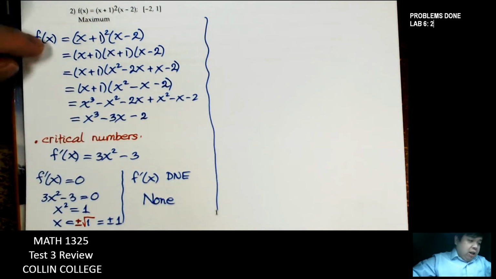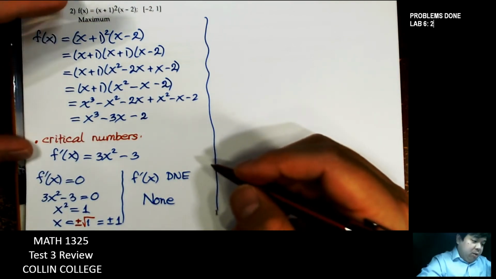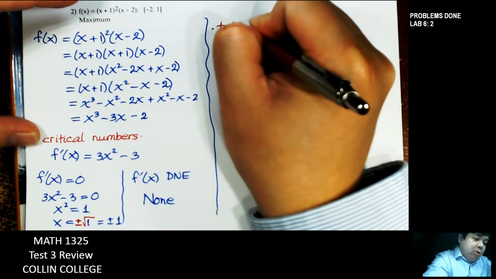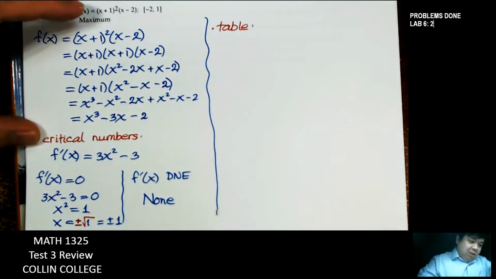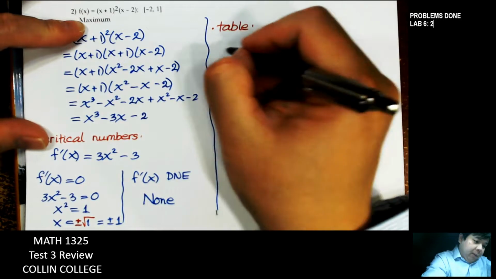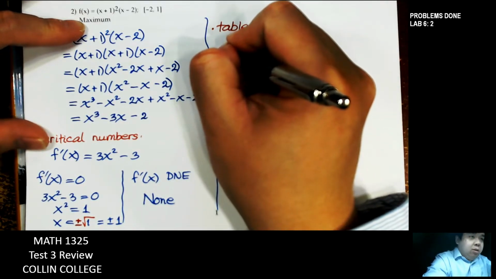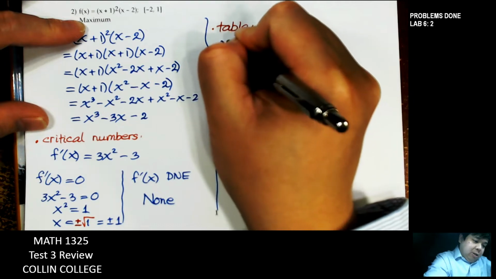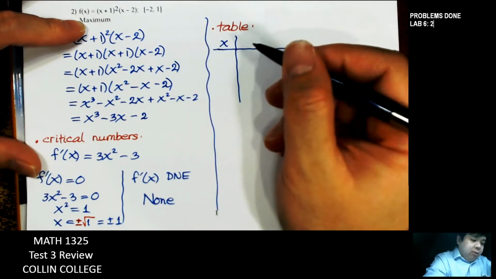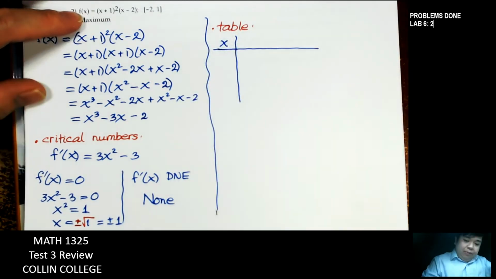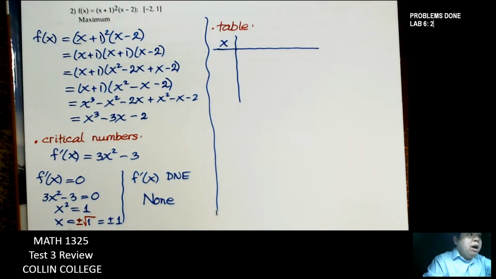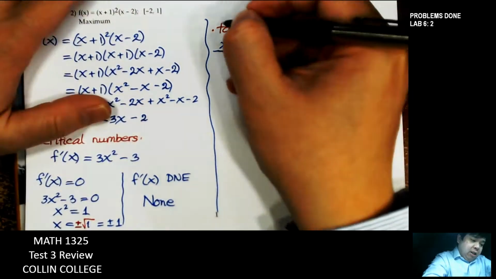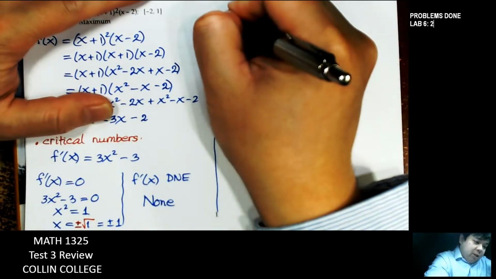Next, in the step when we try to find the maximum and minimum, we will put it in the table. Note that we have x equal to 1 and x equal to negative 1. I may just write this out first.